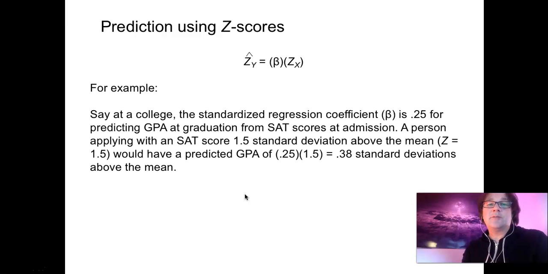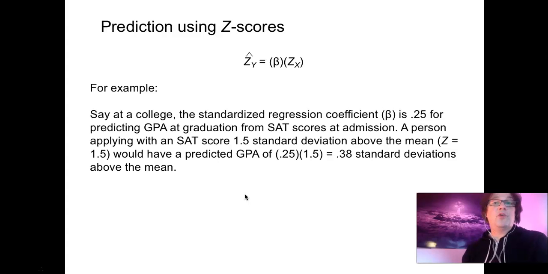So let's say, for example, at a college, the standardized regression coefficient is 0.25 for predicting GPA at graduation from SAT scores at admission. So the standardized regression coefficient between SAT scores when you're admitted and your GPA at graduation is 0.25. So a person who is applying to this school has a standardized SAT score of 1.5, right?